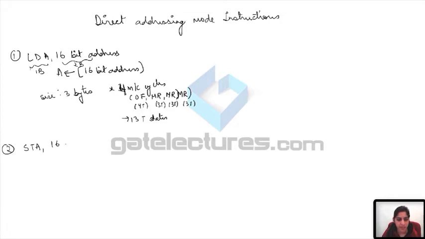The next instruction that we are looking at in direct addressing mode is STA 16-bit address. With the help of the previous instruction, we were loading some data into the accumulator. With the help of this instruction, we are storing the data of the accumulator into memory. Store accumulator means we are storing the content of the accumulator in some memory location.